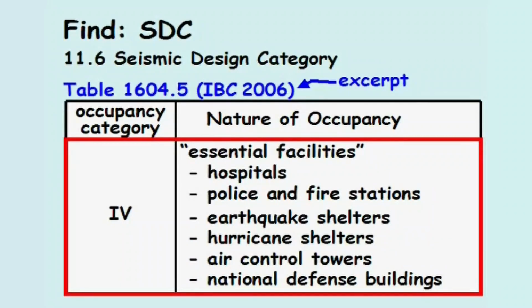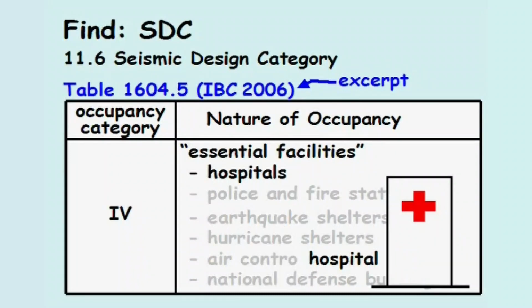The table 1604.5 shown here is only an excerpt from the entire table found in the code. Since our building in western Kentucky is a hospital, it is designated as having an occupancy category type 4.